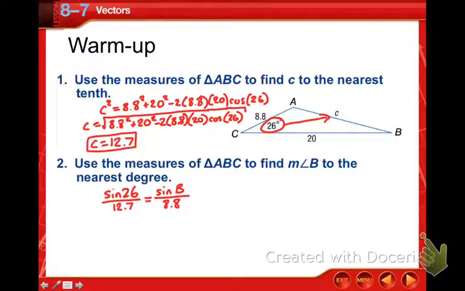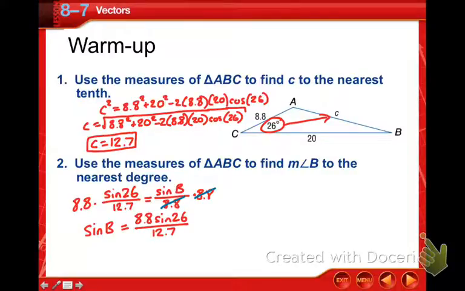And we're not going to cross multiply, sorry. All we have to do is multiply by 8.8 on both sides. Cancel on the right side, and we're left with sine of B being equal to 8.8 sine of 26 over 12.7.